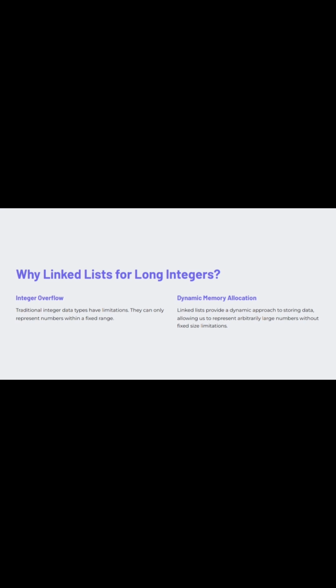It allows us to represent large numbers without any fixed size limitations, whereas traditional integer data types can only represent numbers within a fixed range, which is called integer overflow. We have explained dynamic memory allocation here.